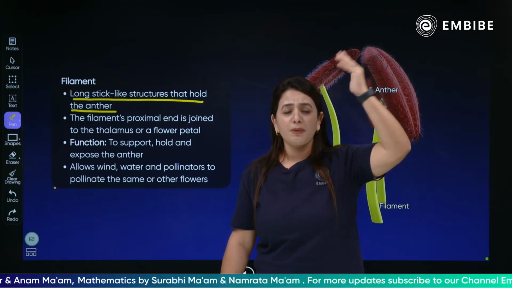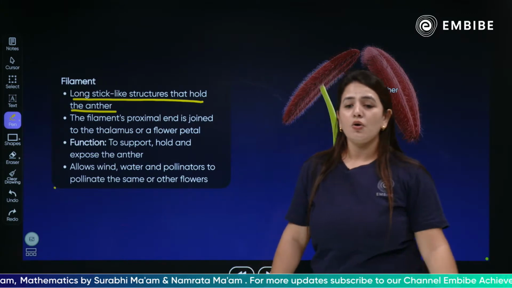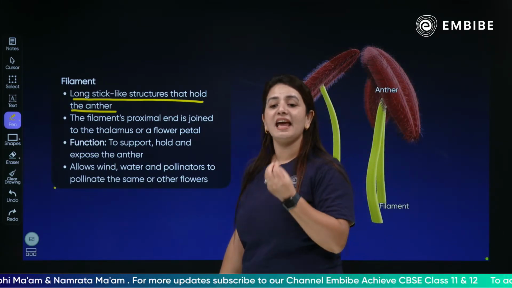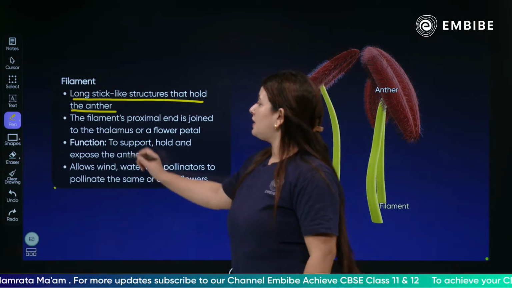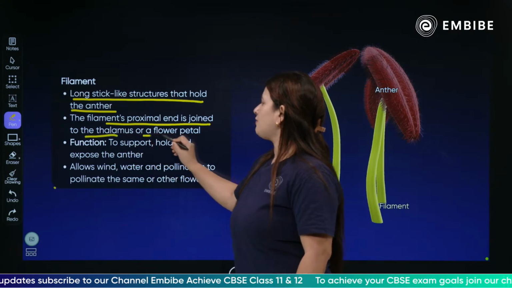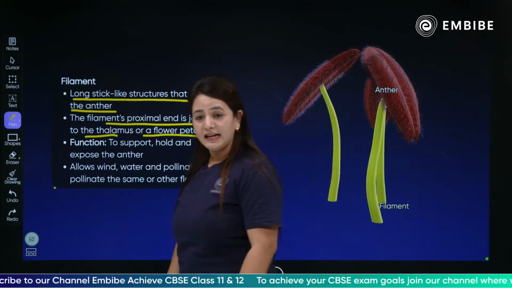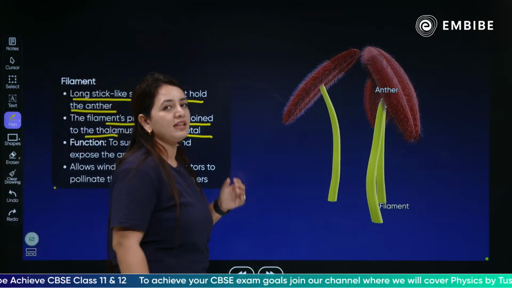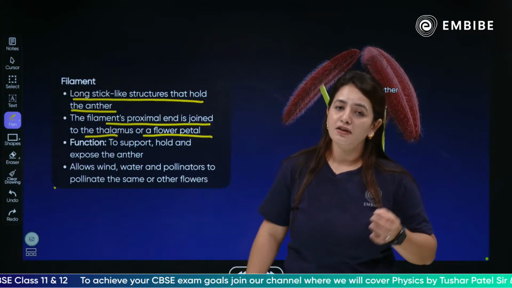That is why they are sometimes very tall, and why they help disperse the pollen grains in the air. The proximal end of the filament is joined to the thalamus, or sometimes a flower petal.